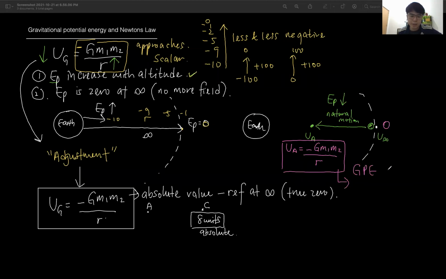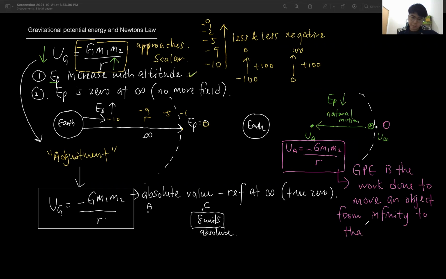So I would define it as: gravitational potential energy at a point is the work done to move an object from infinity to that point, like this.